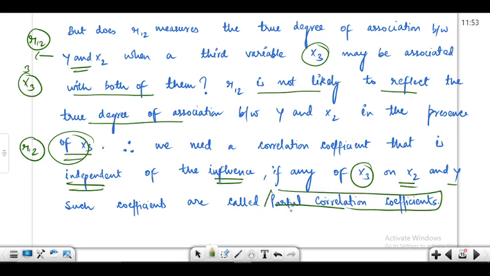What is a partial correlation coefficient? It is basically calculating the correlation between two variables without allowing the third variable to influence that correlation. That is called your partial correlation coefficient.